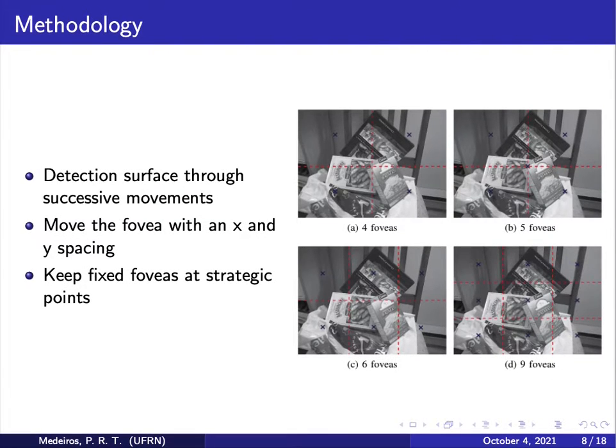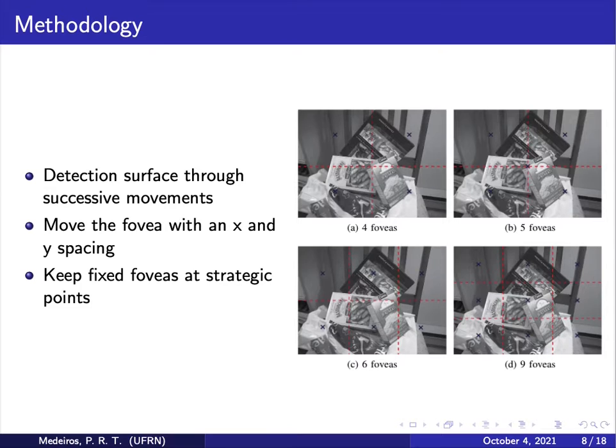This linear combination generates a detection surface through successive movements of the fovea over the image. But this procedure has a high computational cost. Thus, instead of moving the fovea by all pixels in the image, we could code the space around the x and y axes, but this also requires a lot of processing, and the second possibility is to keep fixed foveas at strategic points in the image.